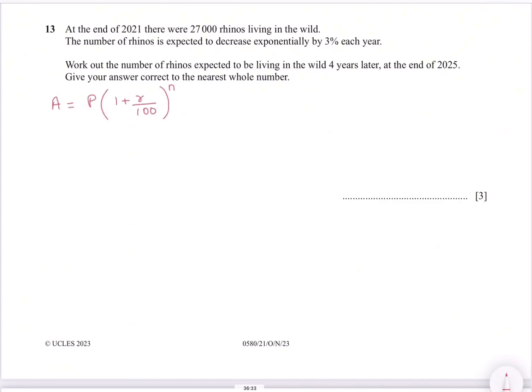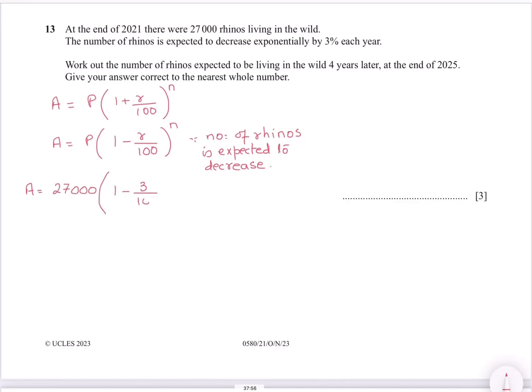So this is our formula for compound interest. We have to change the plus sign into negative because the word decrease has been used. Now put the values and solve it with the help of your calculator.